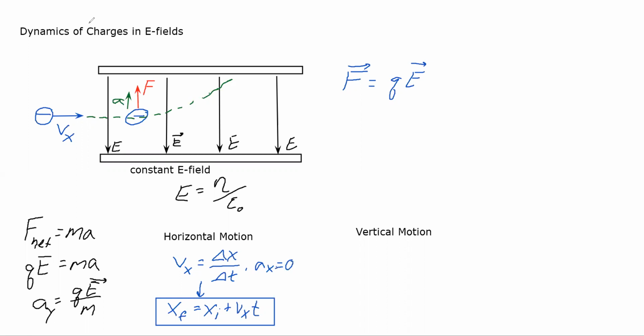You do have acceleration vertically. So because of that, all our kinematic equations from your previous physics course are going to come back. Let me write a couple of them. We have y final equals y initial plus v initial y, which in this case would be 0 because it's not moving vertically in the initial position, times t, plus 1/2 ay t squared.